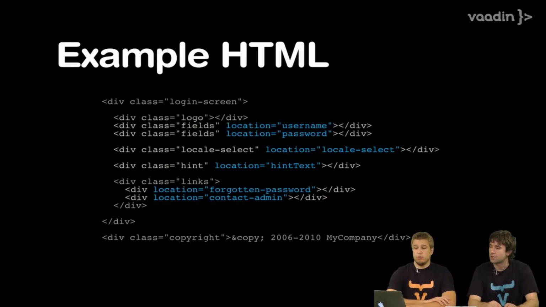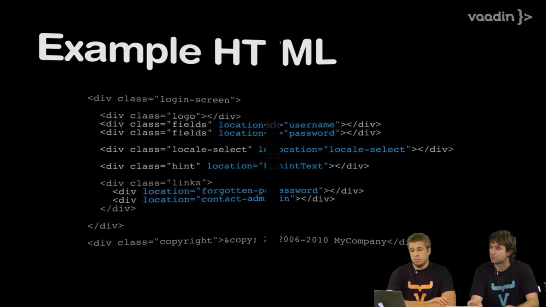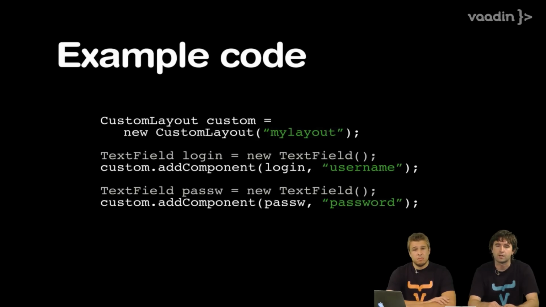Yeah, the location attribute is a unique identifier across the whole HTML file, and then in the code you just add components, and whenever you add a component, you specify in which location it should be rendered. Yeah. And from the implementation point of view, the final resulting HTML won't, of course, contain those location attributes. Of course, they will be replaced. Those divs will be replaced with a component. Yeah. But it's a way of layouting the application actually, using some old-fashioned HTML files. Yeah.